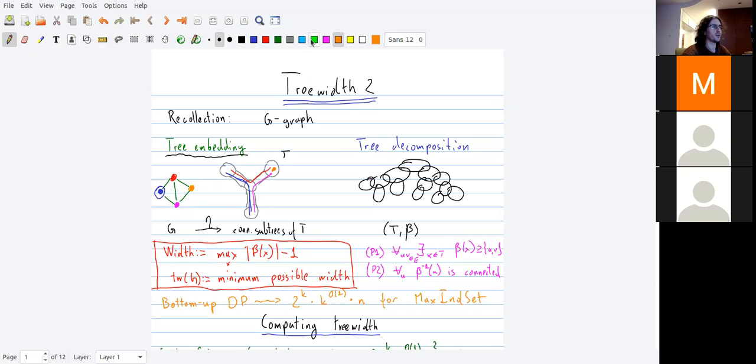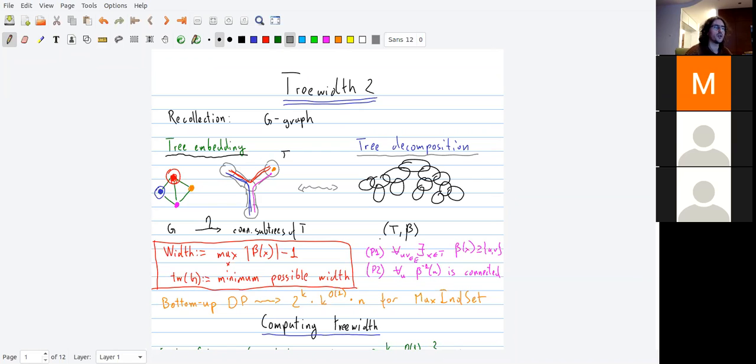And the rule is that whenever we've got two vertices that are adjacent in the graph, the two subtrees representing them in the embedding should intersect. So this was the notion of tree embeddings, and this notion was equivalent to the notion that we usually were using for the purpose of working with treewidth, namely the notion of tree decompositions.